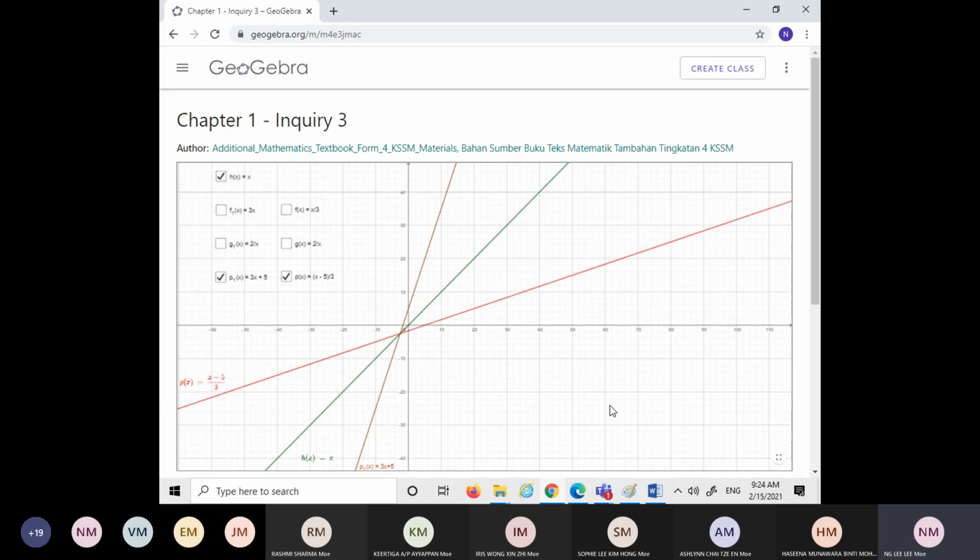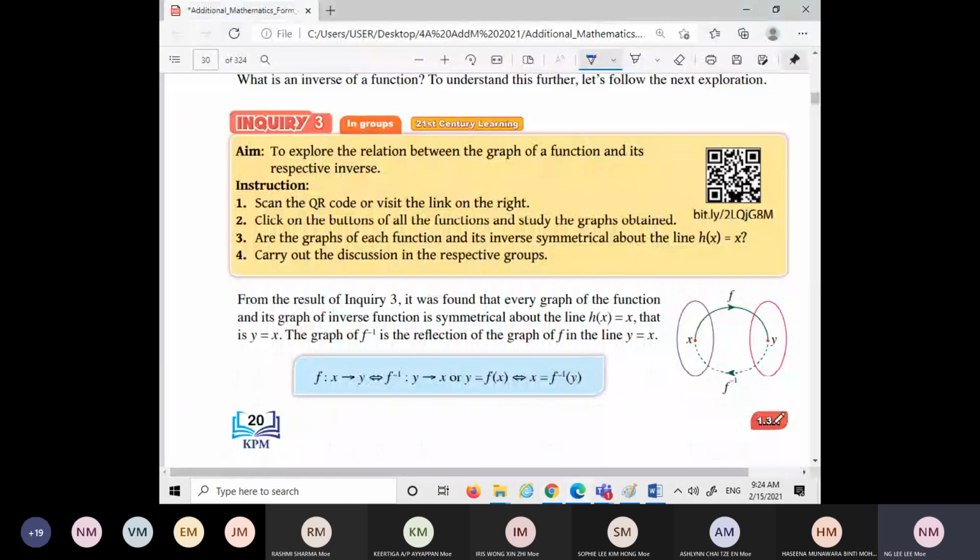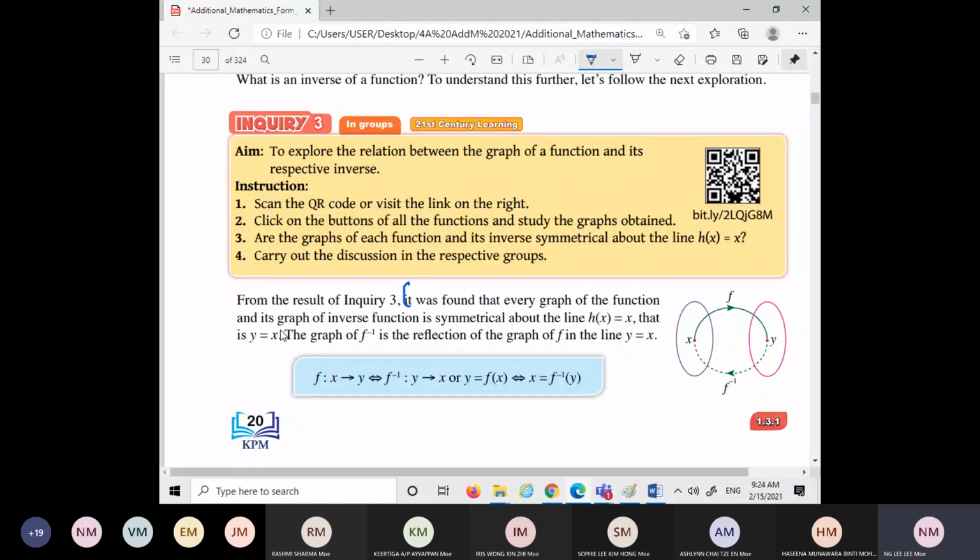So we come back to the textbook. You see here, maybe you can write this in your notes. Do you see y equals x? We found that the graph of every function and the graph of its inverse function is symmetric about this line. You don't need to write out this line, as it may confuse you.